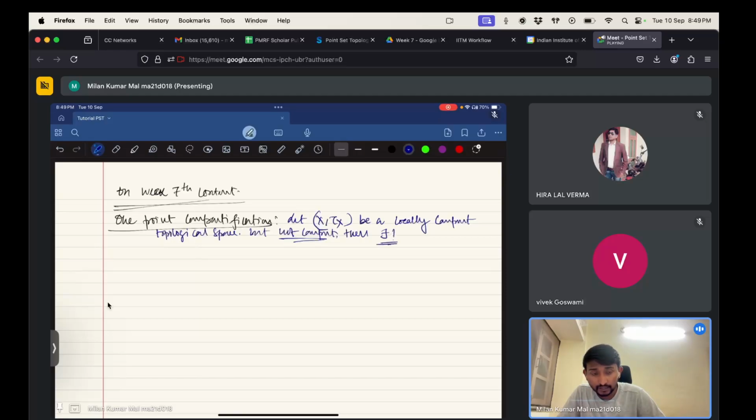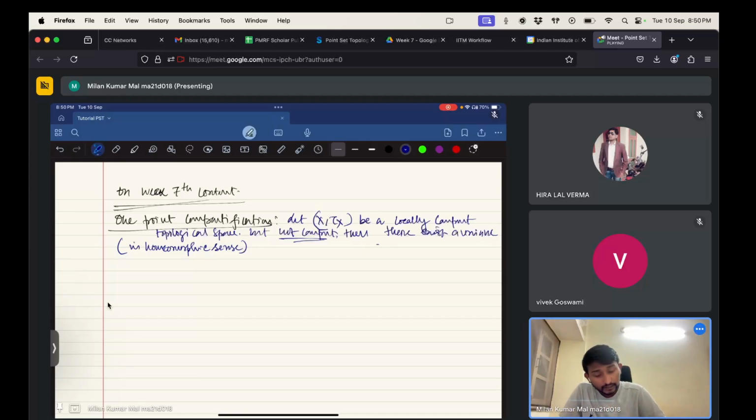Unique means unique in the homeomorphic sense; if there are two, then they are homeomorphic.